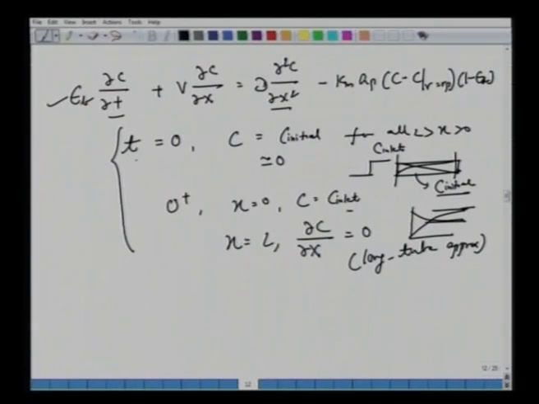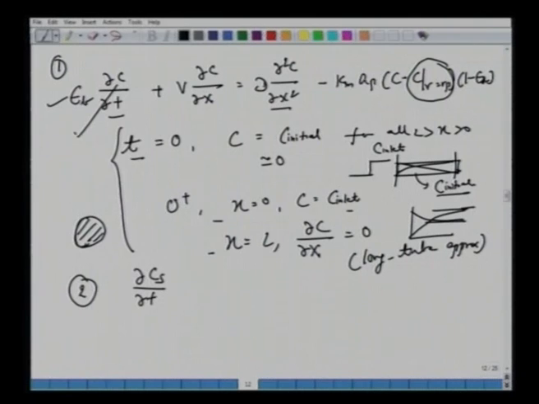So mathematically now we can say that the problem is well defined: one condition for time, two conditions for x. However, you notice that we do not know C at r equal to R_p. So we have a solid surface. What is the concentration right here at r equal to R_p in the bulk phase, the liquid or the gas phase? So, equation 1 and equation 2: now we are talking of the solid phase concentration, ∂C_s/∂t.